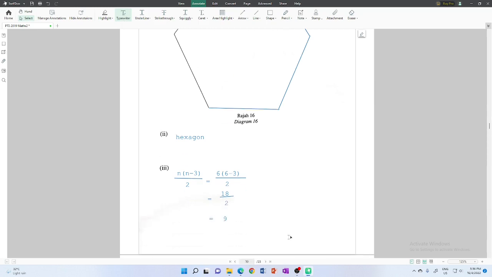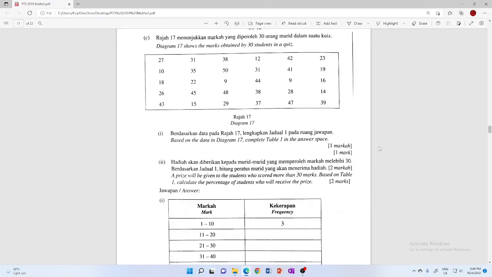For question C, we need to complete the frequency table. So 1 to 10 has been given, that is 3. We need to strike through those that are already counted. So 1 to 10, this is done.